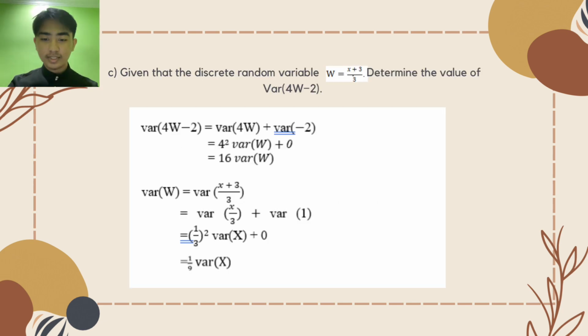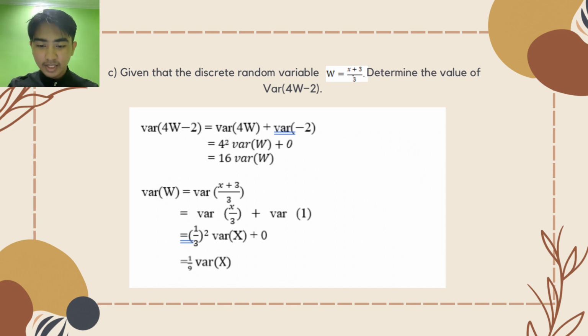Given that the discrete random variable W is (X plus 3) over 3, determine the value of the variance of W minus 2. What we need to do is factorize them one by one. For example, the variance of W minus 2.